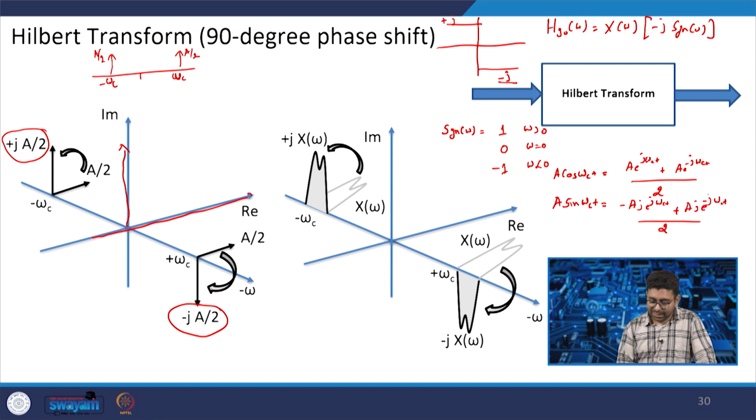Similarly, for the negative frequency, you just multiply with plus j, that is plus j A by 2. Then cos is converted to sine. That is the Hilbert transform, which adds a 90-degree phase shift.